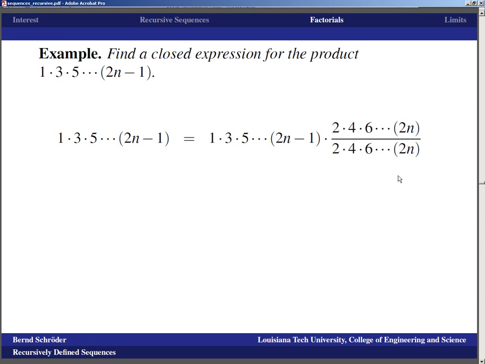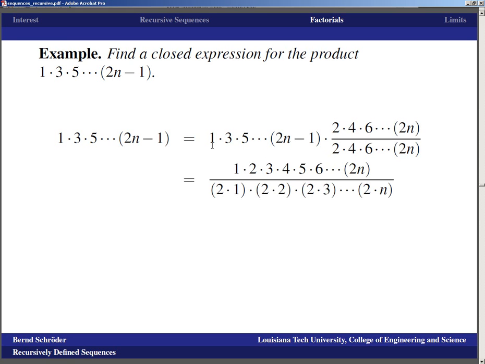And now we just sort things a little differently, because now the numerator is 1 times 2 times 3 times 4 times 5 times 6 and so on all the way to 2n. And the denominator is 2 times 1 times 2 times 2 times 2 times 3 all the way to 2 times n.